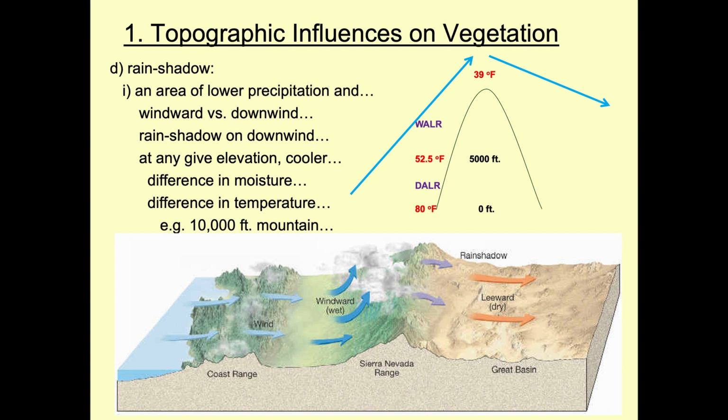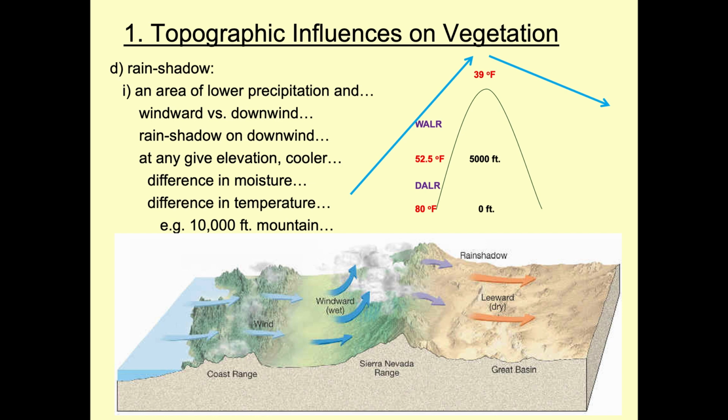We type in 2.7 times 5 for the 5,000 feet, and the temperature should decrease 13.5 degrees. So that leads us to this temperature at the summit of 39 degrees Fahrenheit.